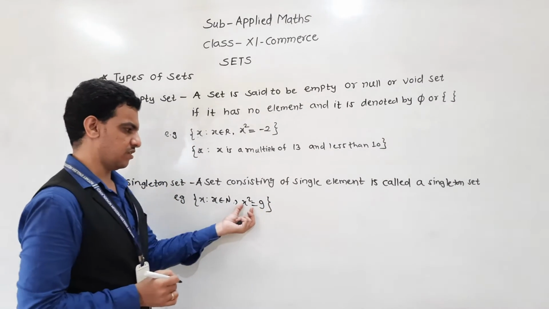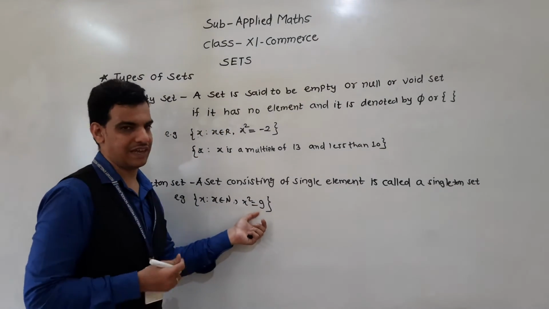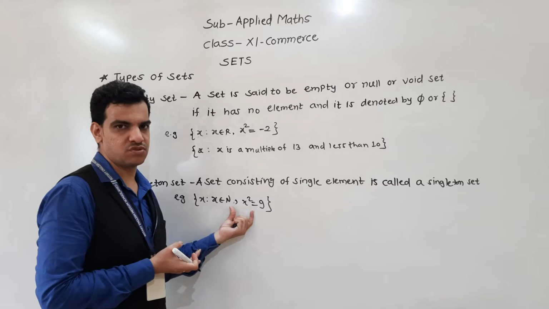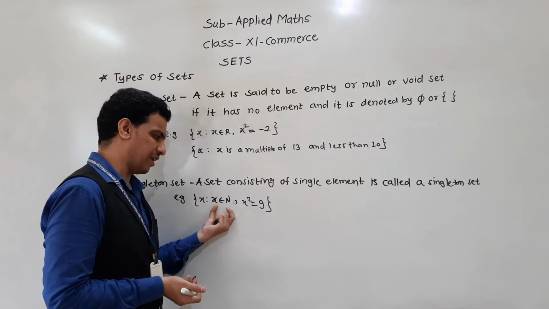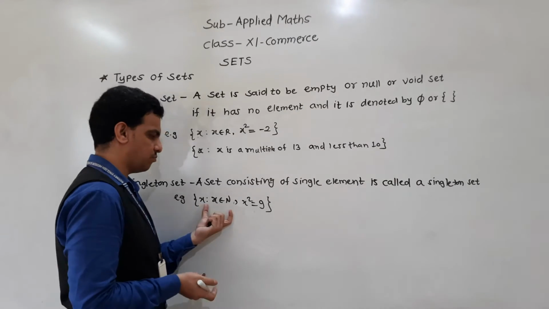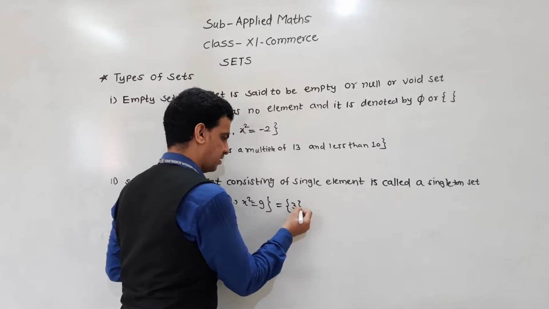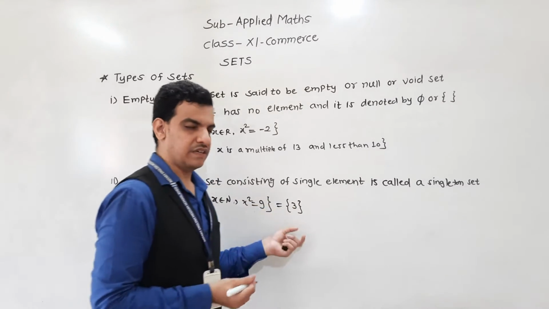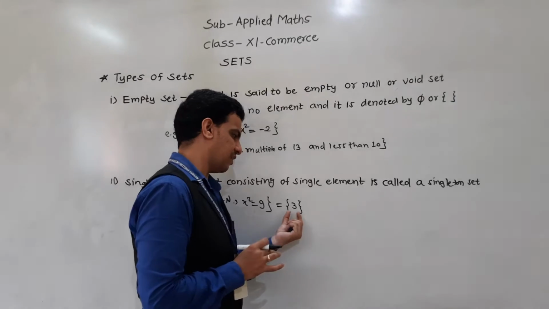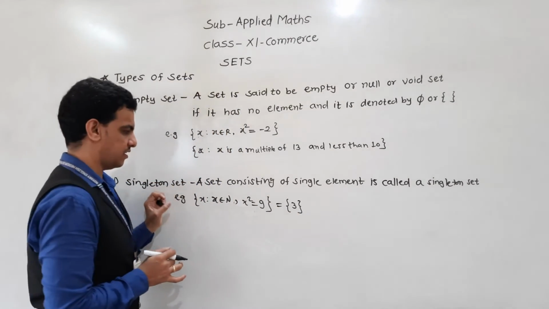We know that if x square is equal to 9, then x has two possible values, either plus 3 or minus 3, but here x belongs to N only, that is natural numbers, so this set contains only 3. So this set is called a singleton set. If a set contains only one element, then it is called a singleton set.